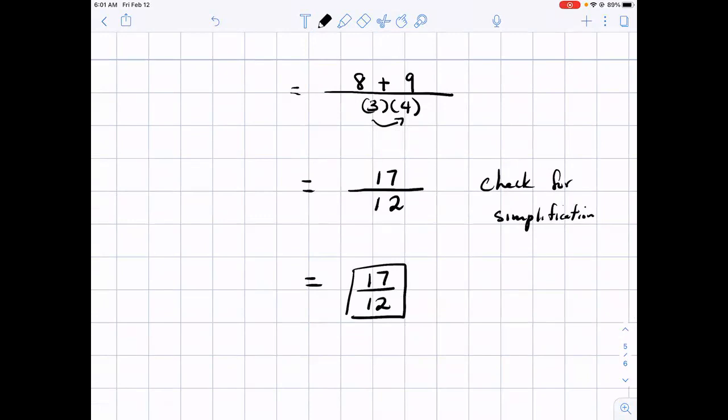Now, let's look at a rational expression, polynomials, where we don't have the same denominator.